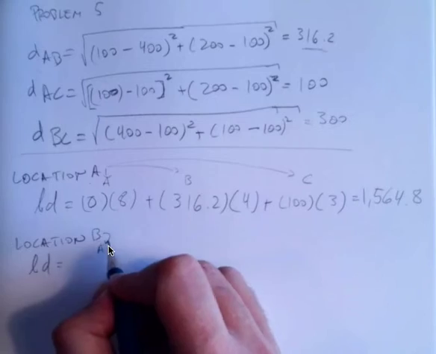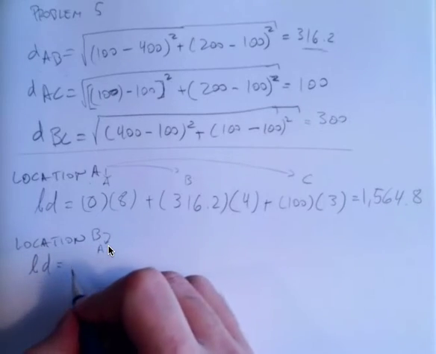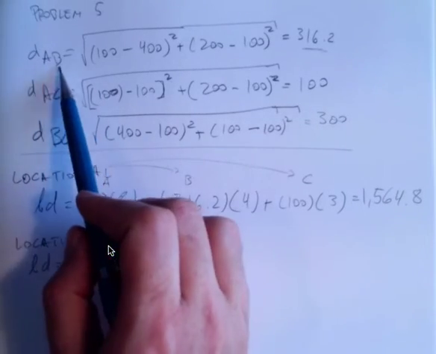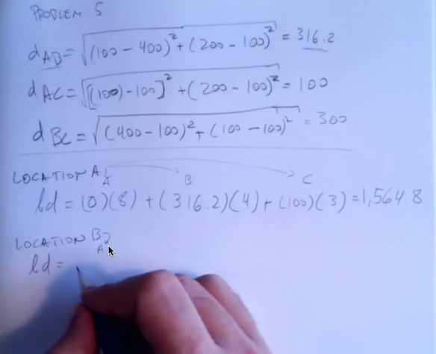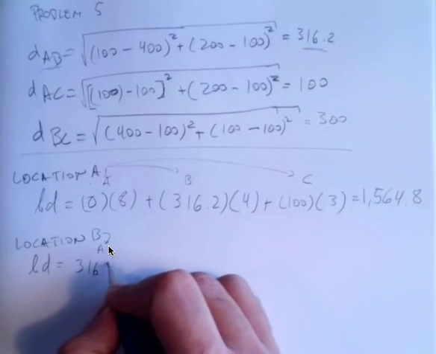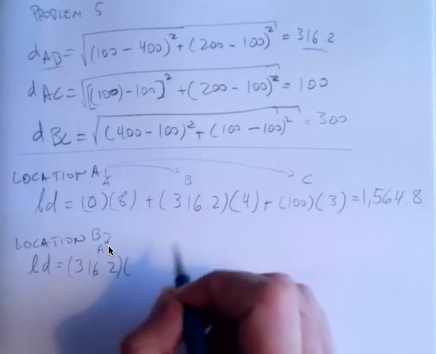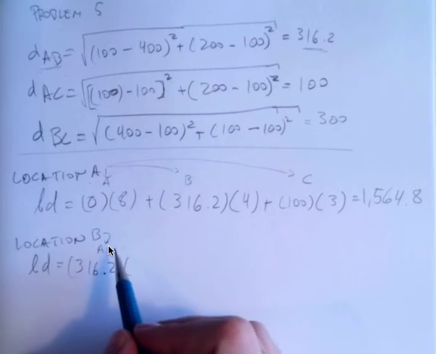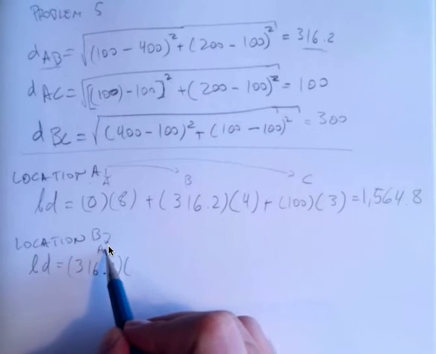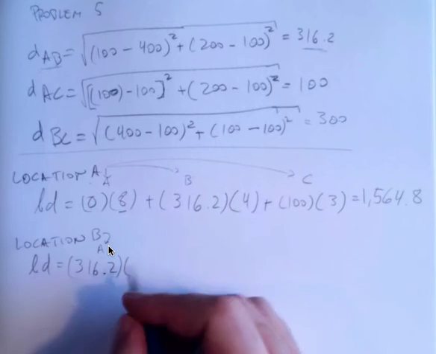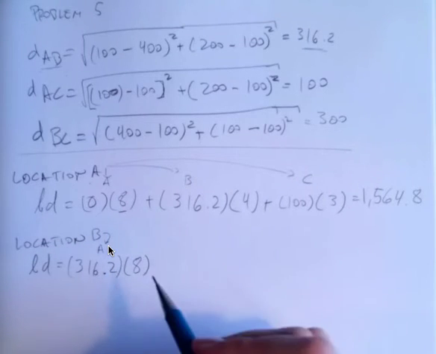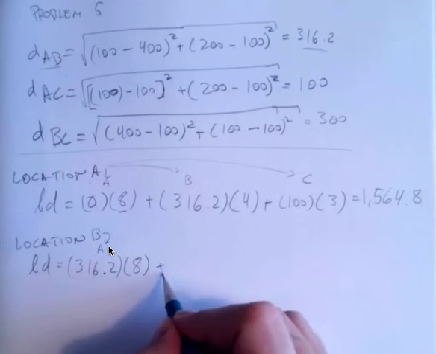So from B to A, what is the distance? Well, B to A is here, same as A to B, so 316.2. And then I multiply that by the number of times that I need to deliver at A, which is this 8 here, okay? So 8 comes from the other table.